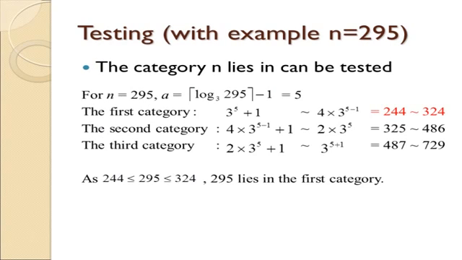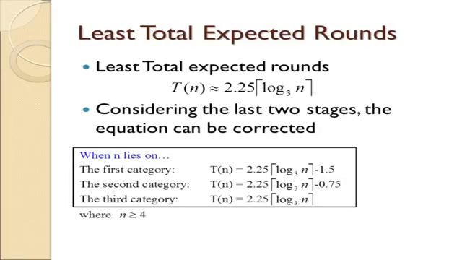And this allows us to find a category that certain n belongs to. For example, when n equals 295, it belongs to the first category. With known category, n can be corrected as follows. Each category has different formula.